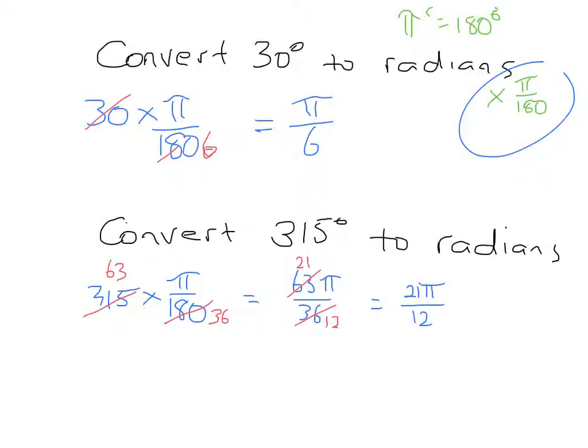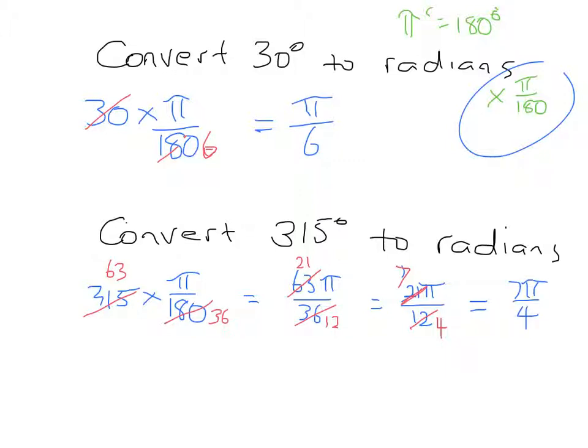Now I know that we now have 3 will go into both these. 3 goes into 21 7 times. I should have used a red for that. So 3 goes into 21 7 times, 3 goes into 12 4 times. So this means that 315 degrees will end up as 7 pi over 4.